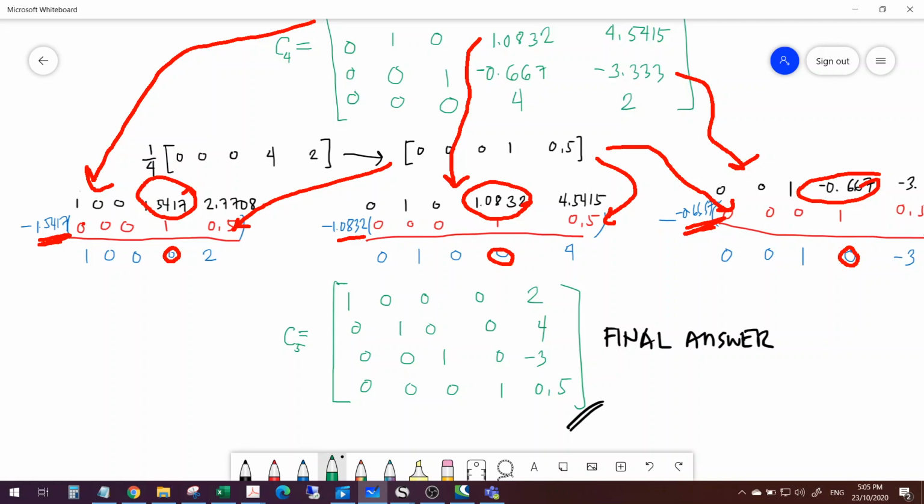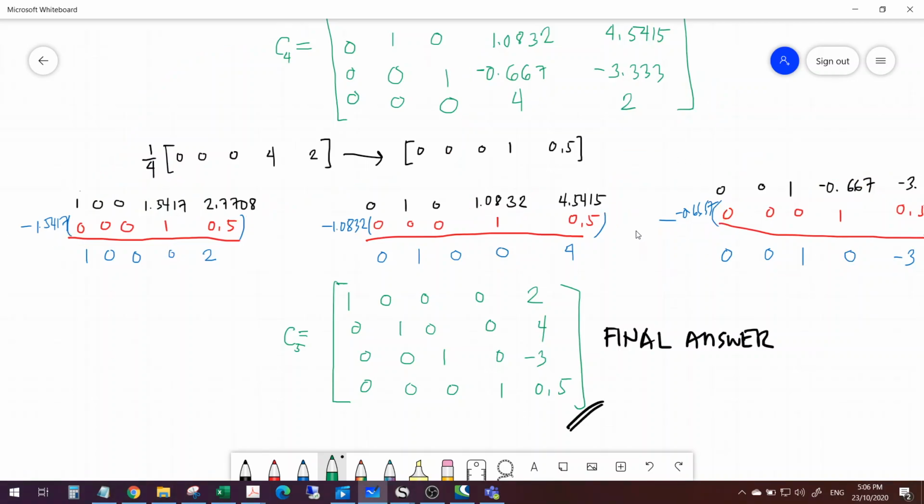Okay. So 1 minus 1.5417 times 0 is 1. Okay, 1.5417 minus 1.5417 times 1 is 0. 2.7708 minus 1.5417 times 0.5 is 2.